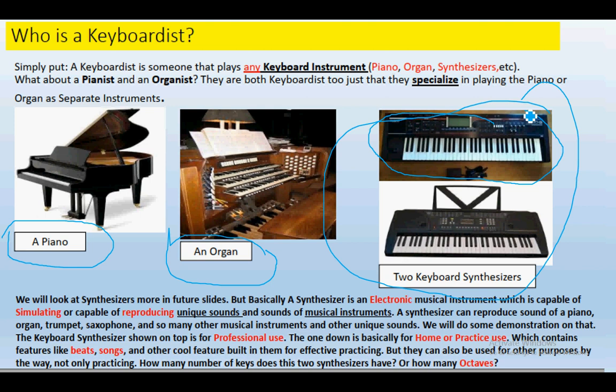They can produce the sound of a trumpet, a saxophone, a piano, an organ. Basically this is what we use in churches. If you look at these two up here, this synthesizer is used for professional use.